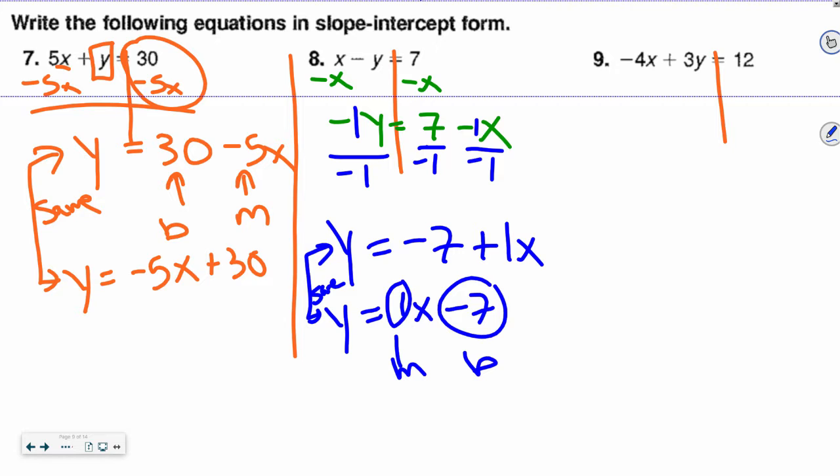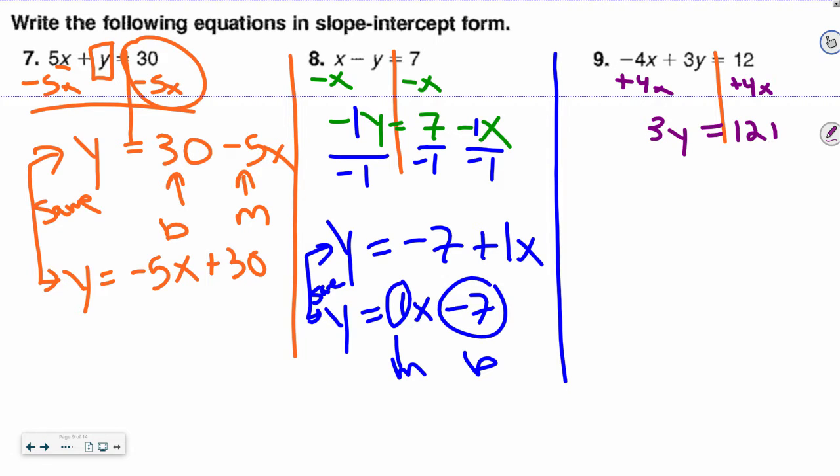The last one is the same type of problem, only now we have to deal with a little bit more fractions. So now in this case, the 4 is negative. So I'm going to add 4x on both sides. I am left with 3y equals 12 plus 4x.